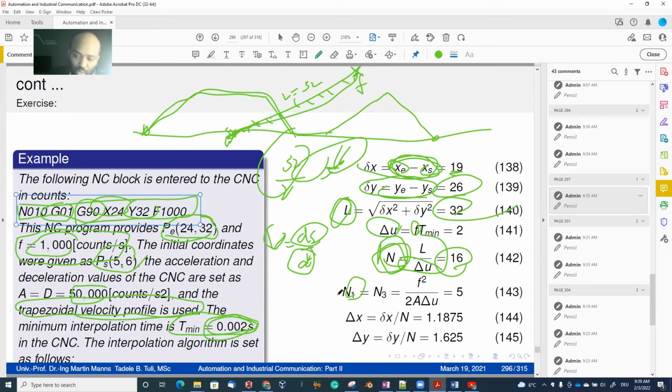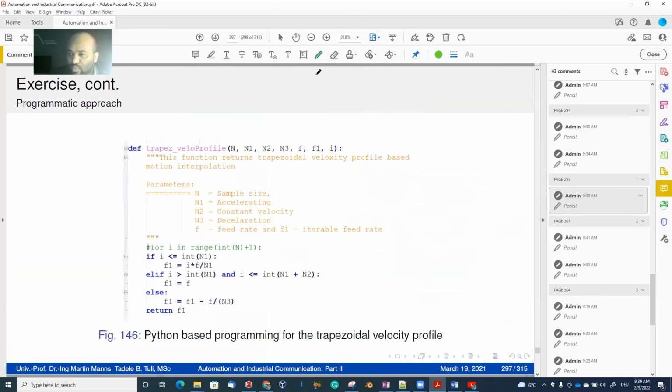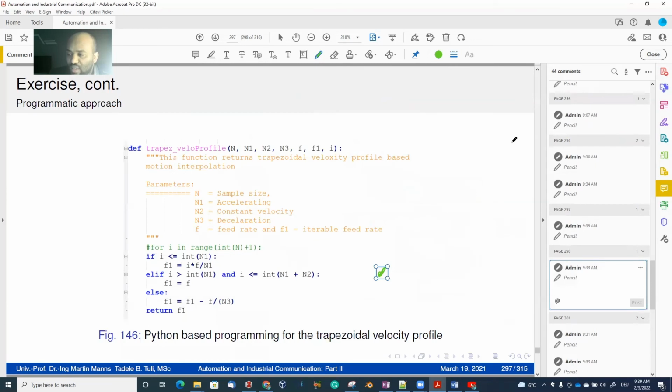This is actually how to divide. How many points should be in the acceleration region, how many points should be at the maximum velocity, and how many points should be in the deceleration range?